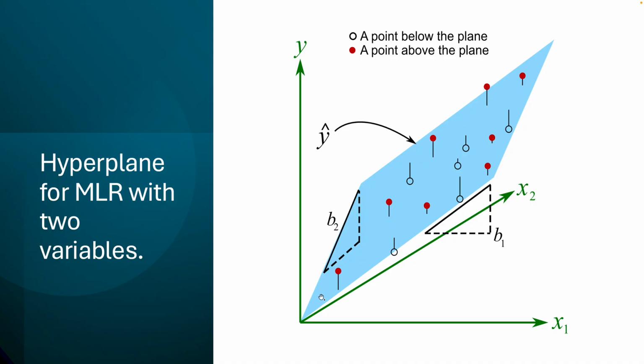It represents a plane suspended in this three-dimensional space, where beta 1 represents the slope with respect to x1 and beta 2 represents the slope with respect to x2, and the errors are either above the surface or below the surface, and they are of course perpendicular to the xy plane.